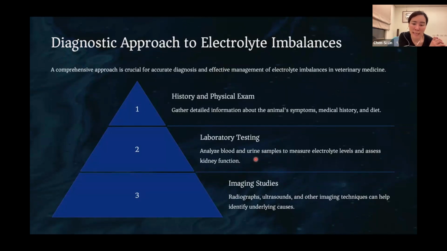For example, we can monitor the kidney morphology or whether something bad appears within the kidney or within the thyroid systems. So these imaging techniques are also suggested to help us find out what the problem is that results in this electrolyte imbalance.